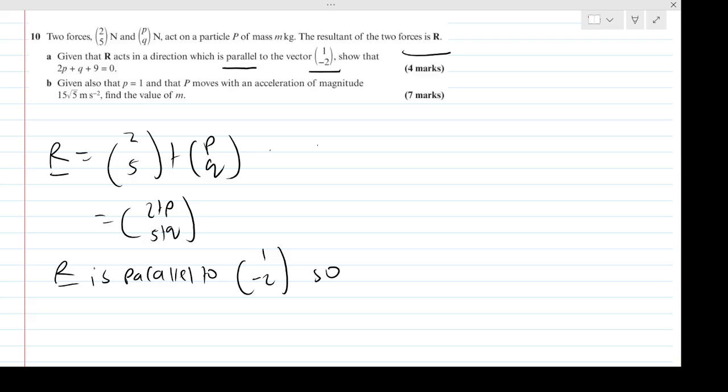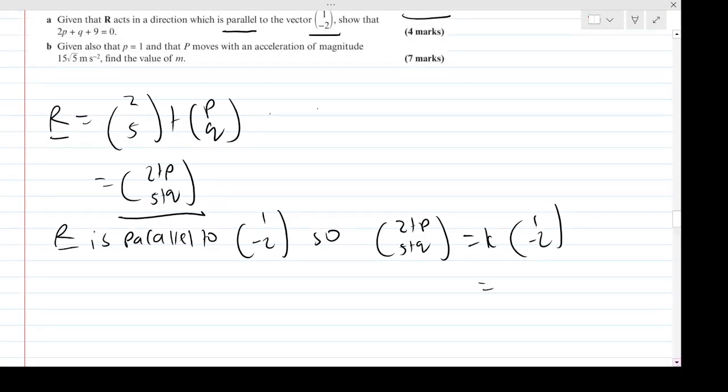So this vector r, 2 add P, 5 add Q, is a multiple k, k lots of the other vector, 1 minus 2. At that point, it just becomes algebra. If we multiply by k, we get k and minus 2k. So 2 add P, 5 add Q equals this.